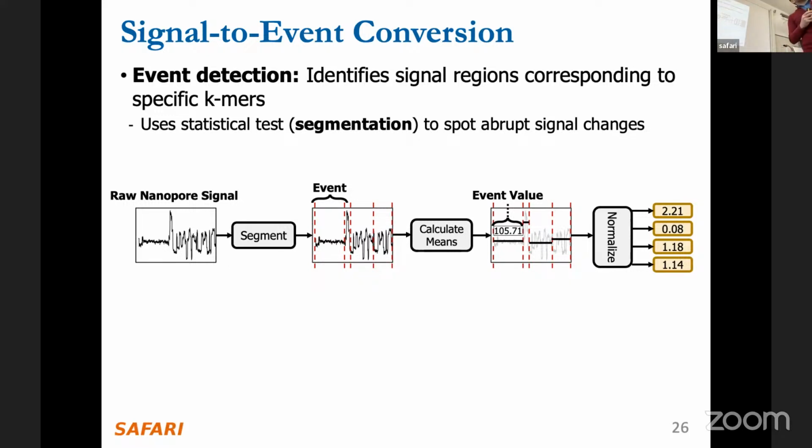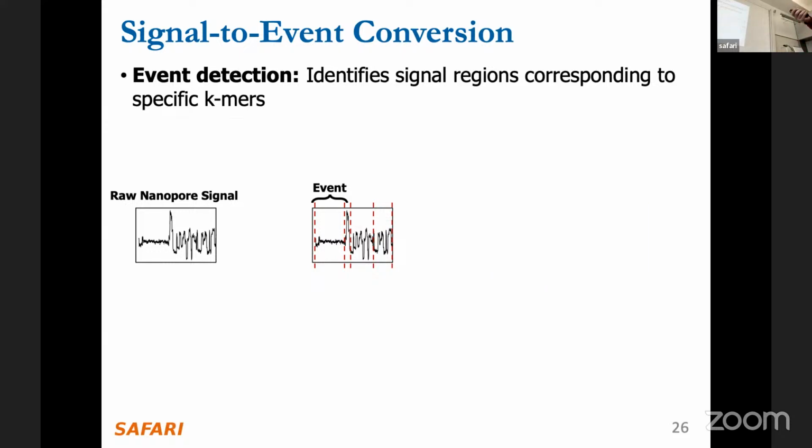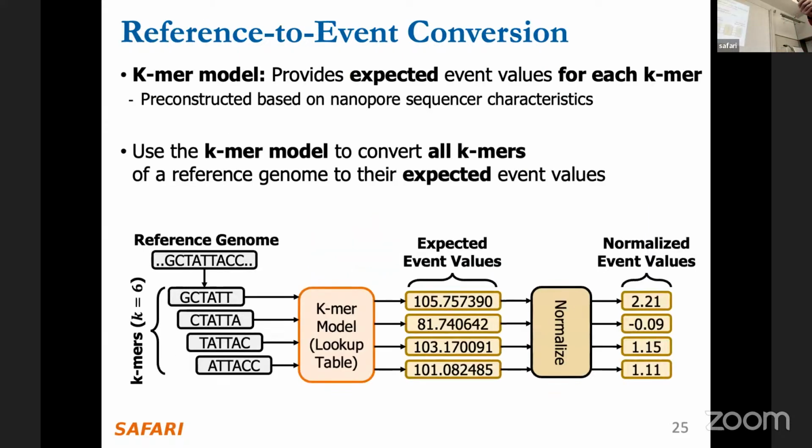Is that expensive compared to the other side? This is pretty cheap, and this is offline. You assume the reference genome to be constant, so you do it offline, it just stays there, and whenever you need to use it, you assume these are already generated in your hash table.